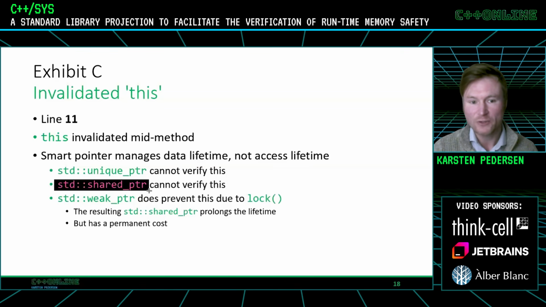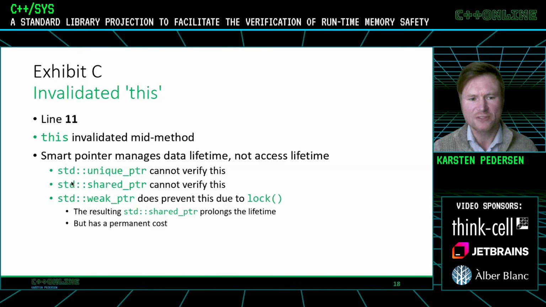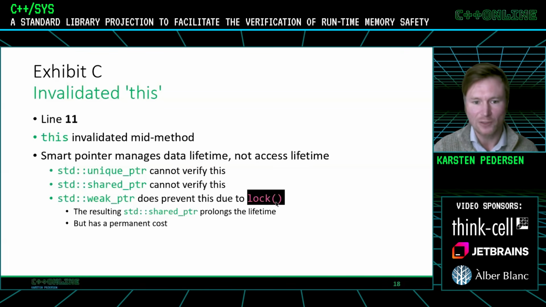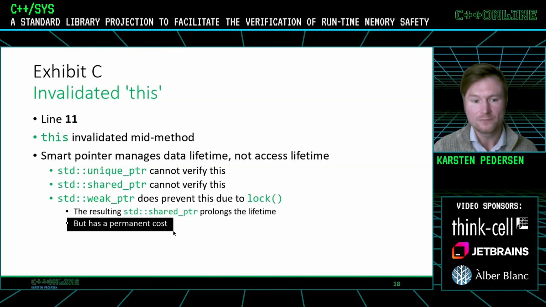Same with standard shared pointer and the standard auto pointer, but I won't really mention him. Weirdly, the standard weak pointer does actually prevent the issue, or it sidesteps the issue, because you need to call lock on it to basically get a shared pointer before you can dereference that. And it's that shared pointer that emerges from lock as a temporary that actually prolongs the lifetime. But this is a side effect, and to be honest, it's useful, but it does have a permanent cost.